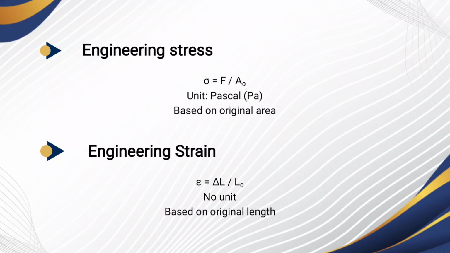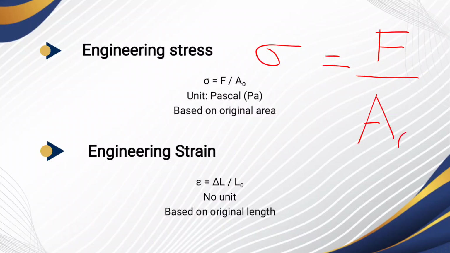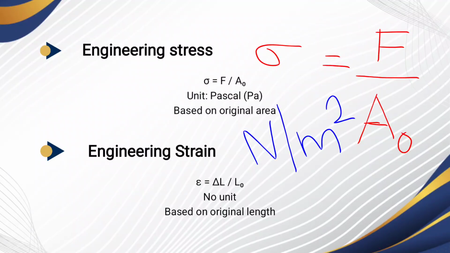Engineering stress represented by the symbol sigma is defined as the applied force F divided by the original cross-sectional area of the material or the specimen. Here F is the applied force and A naught is the original cross-sectional area and the unit of the engineering stress is Newton per meter square, which is also called as Pascal.